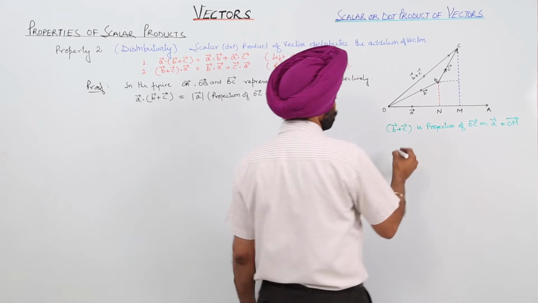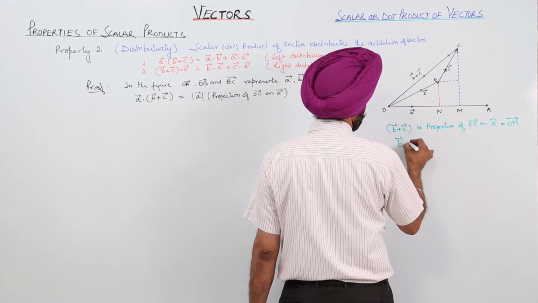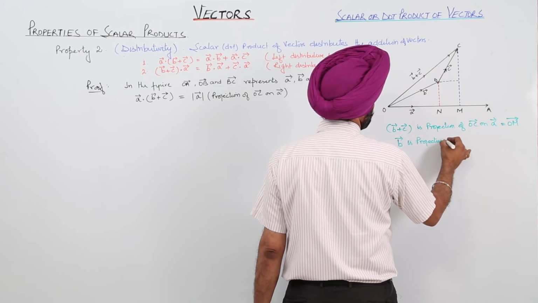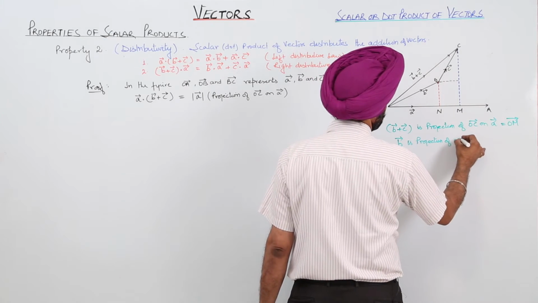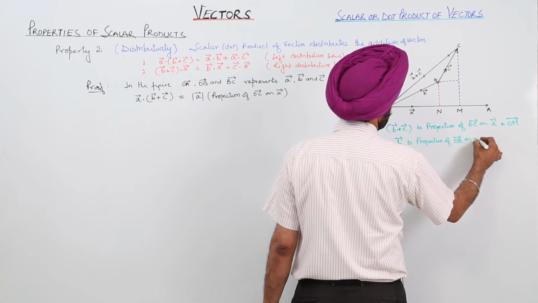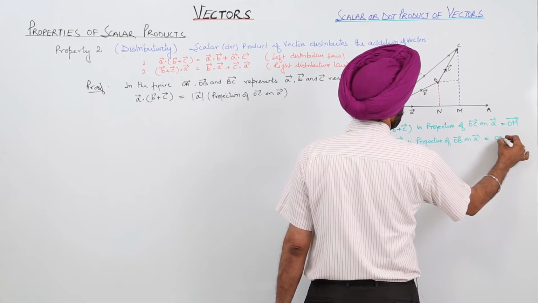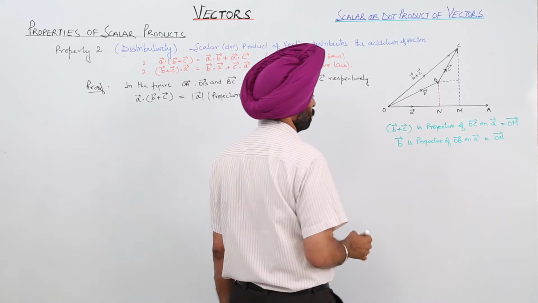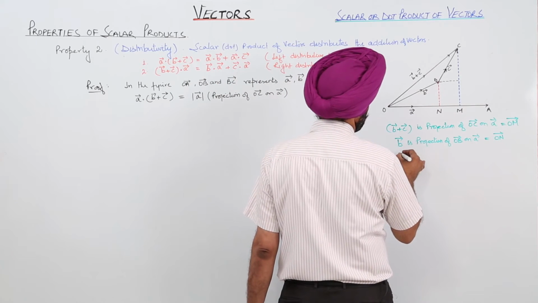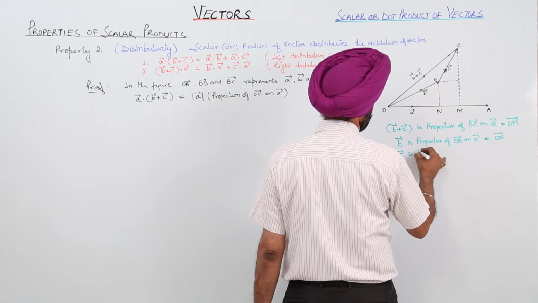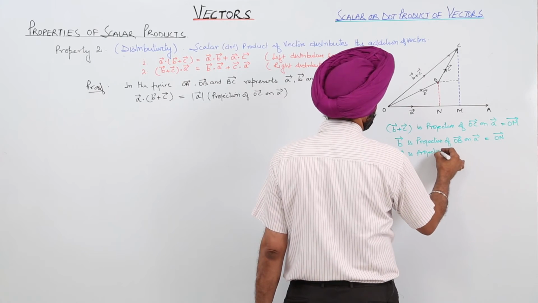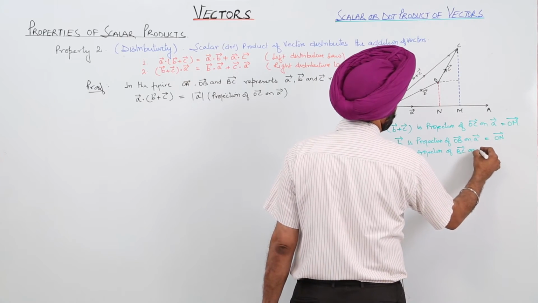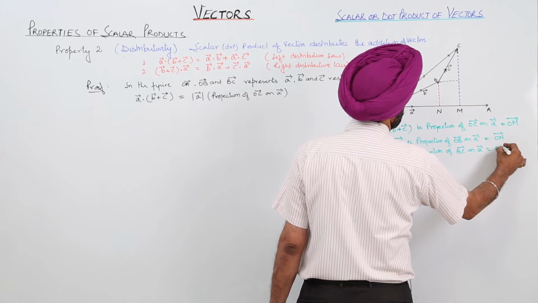Now the projection of vector B, that is OB, on vector A is ON. Then the projection of vector C, that is BC, on vector A is equal to NM.